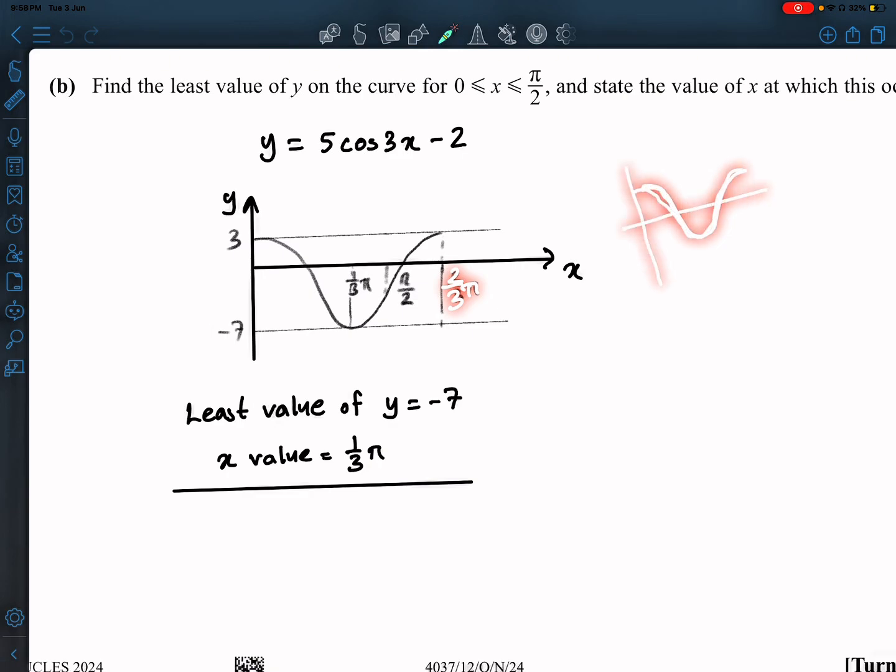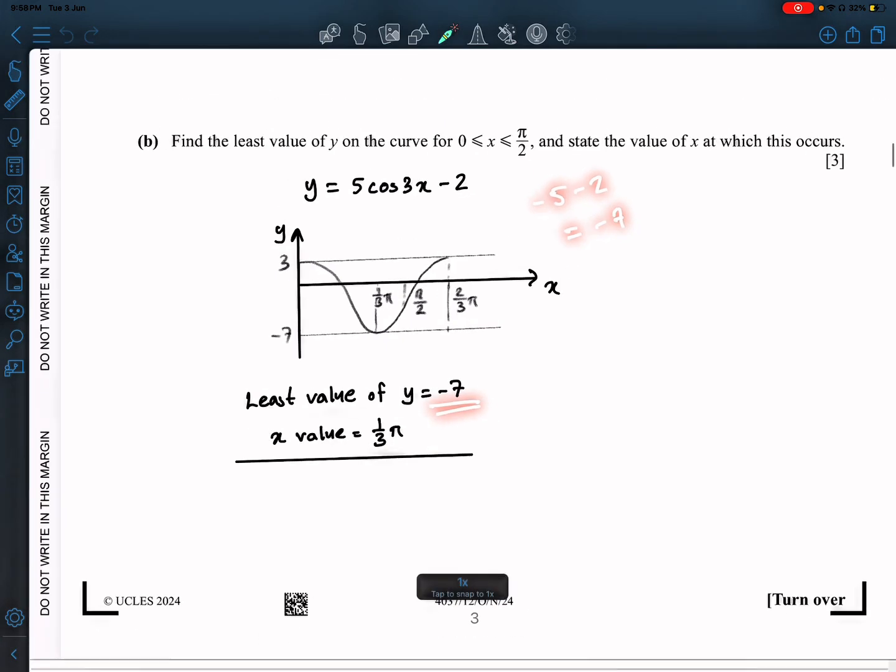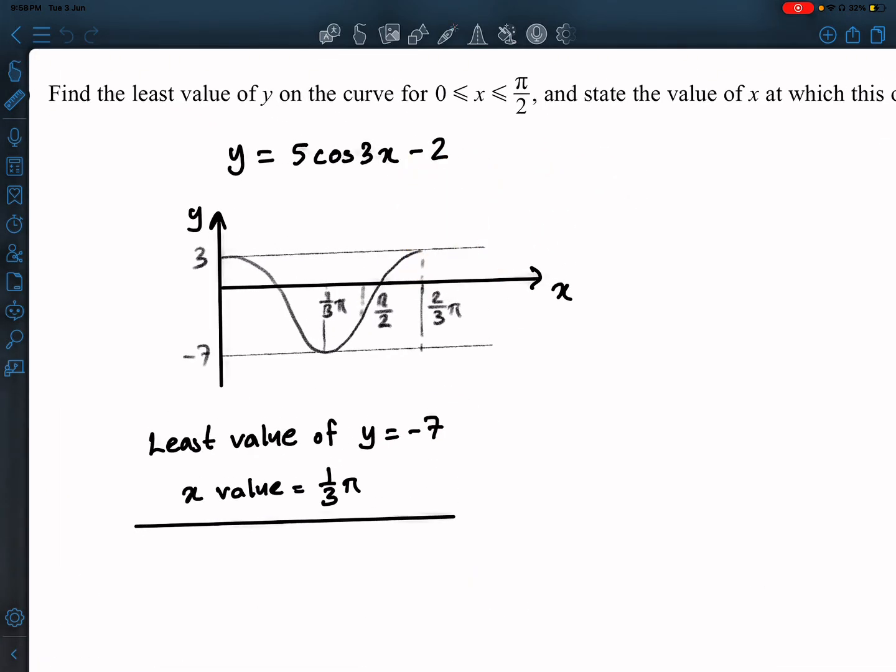The full period is 2 pi and the halfway point is pi. So if it's 2 by 3 pi, the halfway point would be pi by 3. So we know the x value, so we write that down. X equals 1 by 3 pi. The minimum value is simply minus 5 minus 2, and that's minus 7. And since this value lies within 0 and pi by 2, we can include this value.